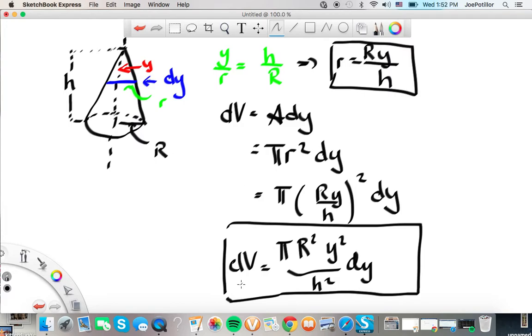Now, what we need to do is compare the volume of the whole to the volume of the little piece here. And this is how we will find the center of mass. In other words, we need to find the mass of this little strip here. And we do that by using the density of the whole cone. If you need to look at it, please come back to this piece.